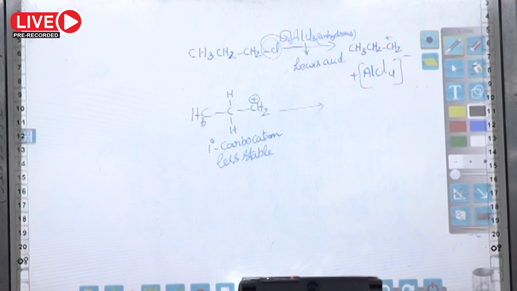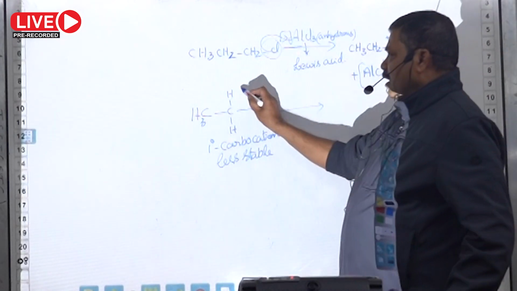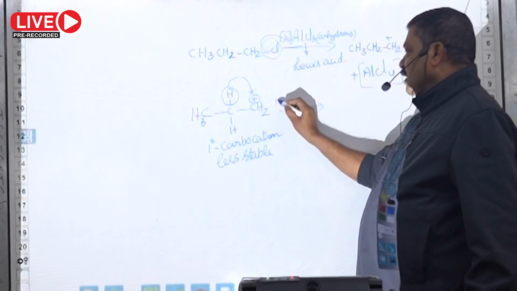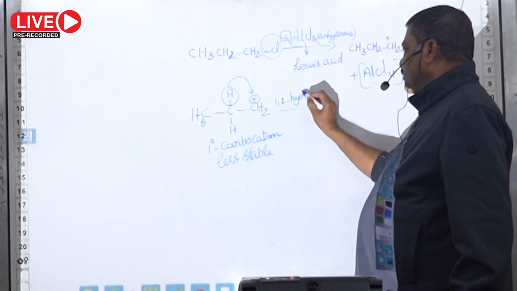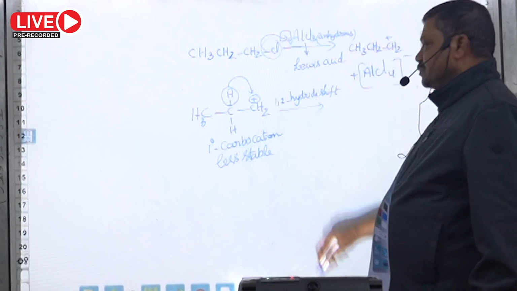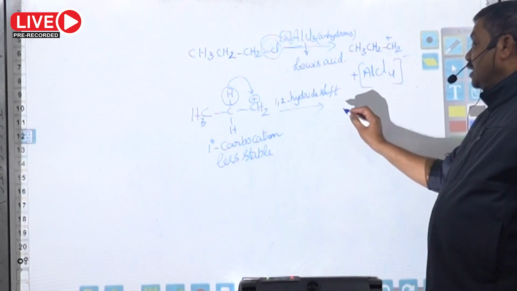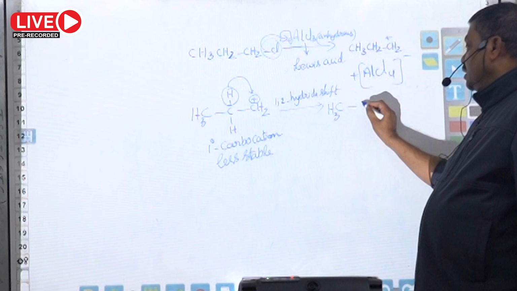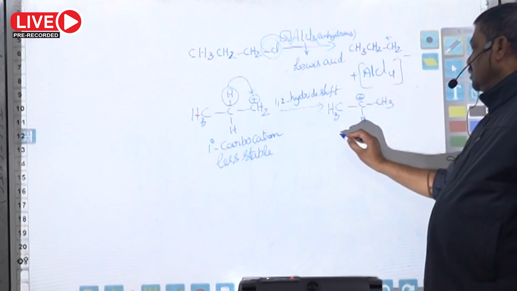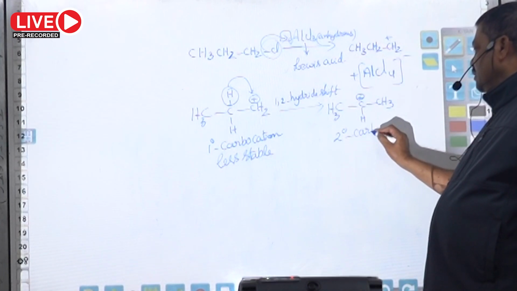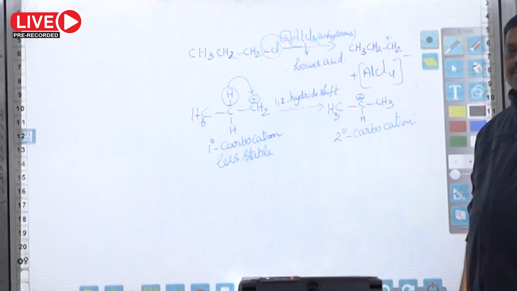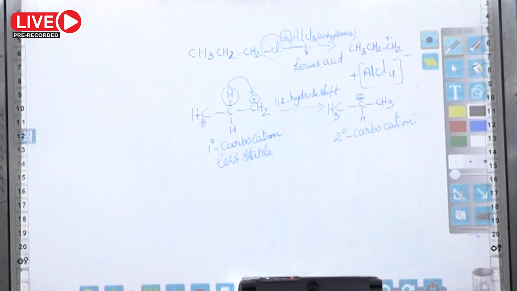Here a ring is not there. One hydrogen will shift along with its bond pair. H minus will shift here. It is called a 1,2 hydride shift. Because of this hydride shift, we are going to get the plus charge here. We are going to get a secondary carbocation.